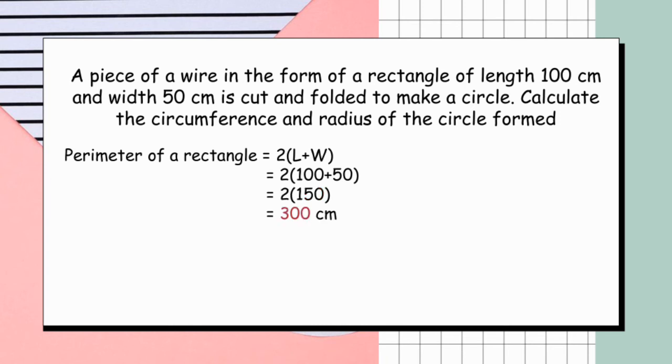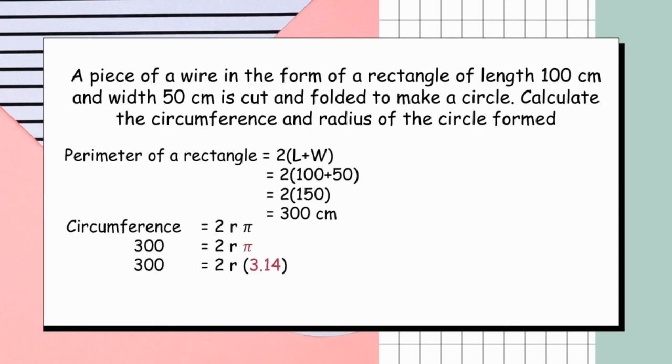Now, calculate its radius. Circumference equals 2 times R times pi. 300 equals 2 times R times 3.14, or 6.28 times R. Divide both sides by 6.28.